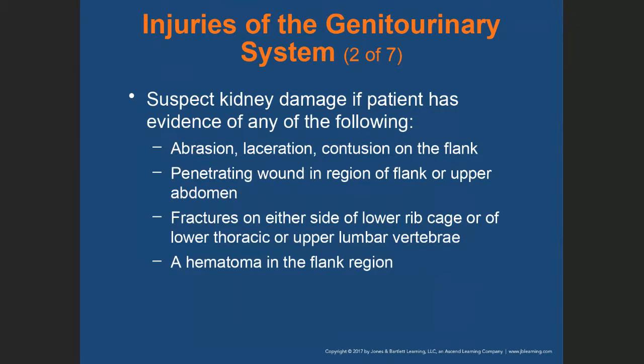Suspect kidney damage if the patient has evidence of any of the following: abrasion, laceration, or contusion on the flank, that's to the side, right over the pelvic wing; a penetrating wound in the region of the flank or upper abdomen; fractures on either side of the lower rib cage or of the lower thoracic or upper lumbar vertebrae; a hematoma in the flank region.